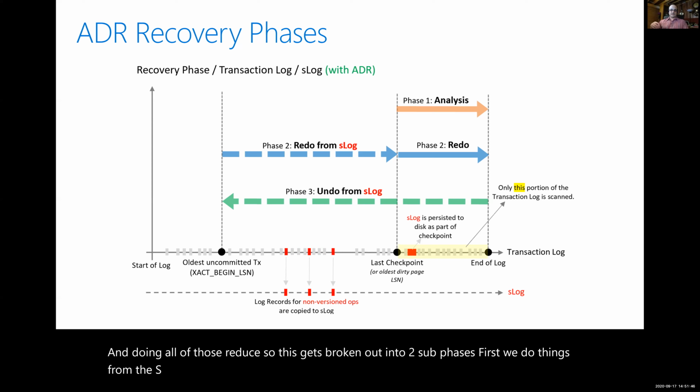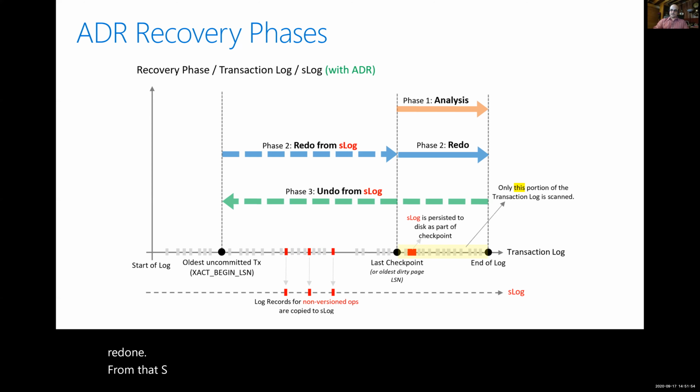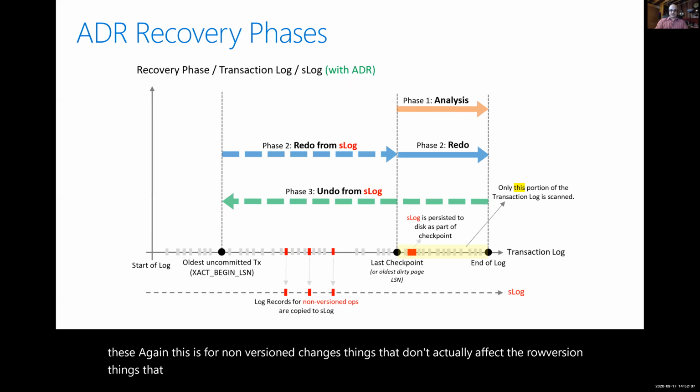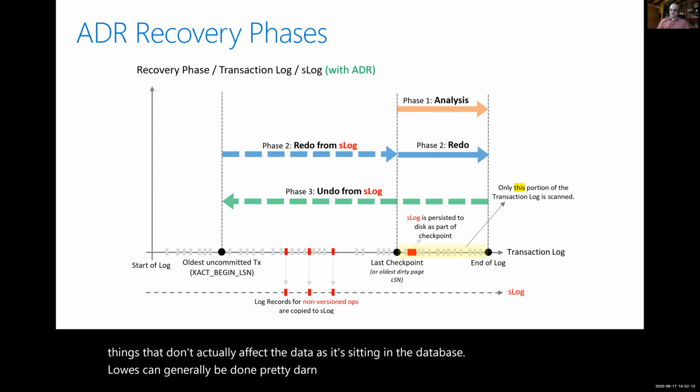Whatever the oldest uncommitted transaction is that would need to be redone from the slog is replayed from the slog. And usually there's only a couple of these. Again, this is for non-versioned changes, things that don't actually affect the row version, things that don't actually affect the data as it's sitting in the database. Those can generally be done pretty quick because it's only going to be a few records.